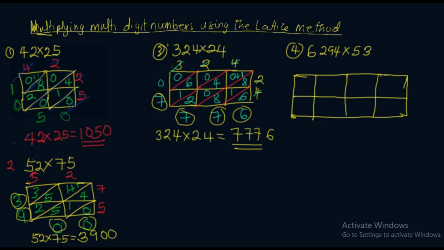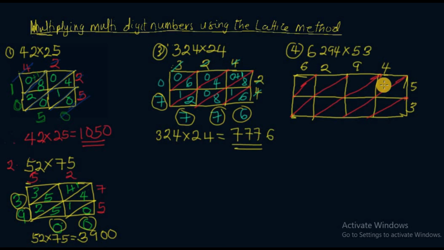Use our red ink for the diagonals. Okay, so we quickly put our numbers. It's going to be 6,294 times 53.